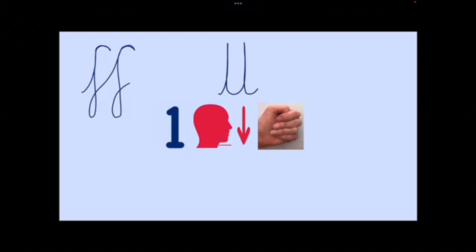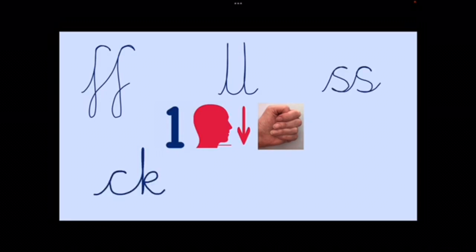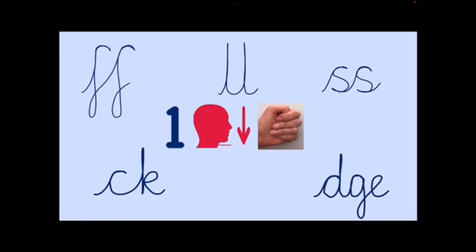And here are all the choices we've covered for end of a one-syllable word with a short vowel sound. Double L, double F, double S, CK, and DGE.